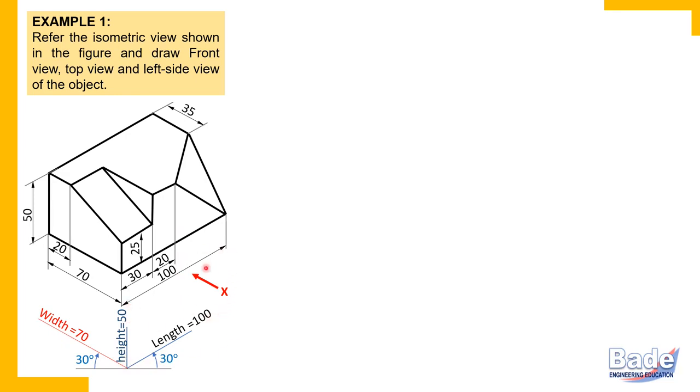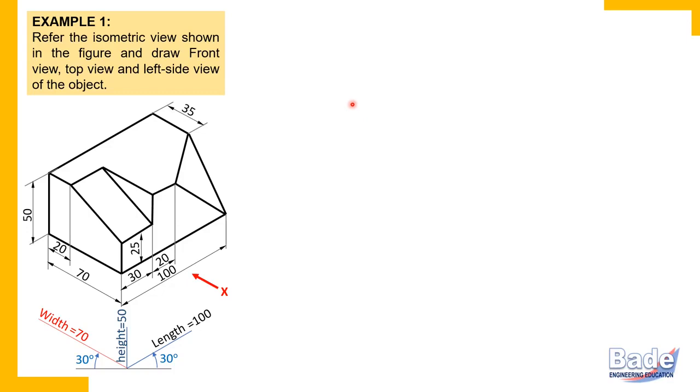For that purpose, check the front side of the object denoted by such an arrow, and then identify the overall length, width and height of the object. Once you are done with that, you start with a rectangle that gives the overall length and overall height of the object. Now, in our earlier video, you have studied that the front view gives length and height.